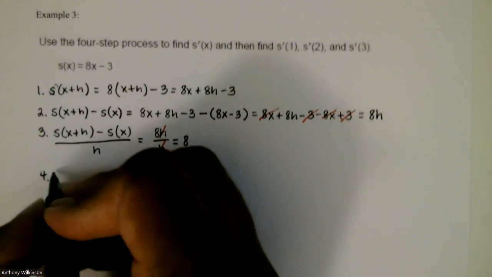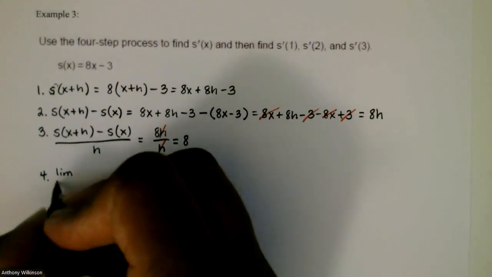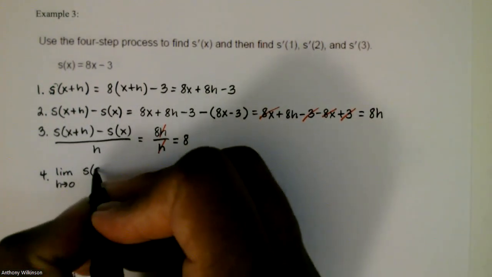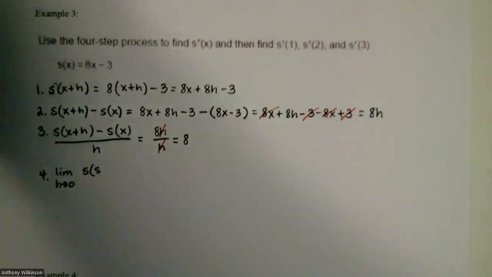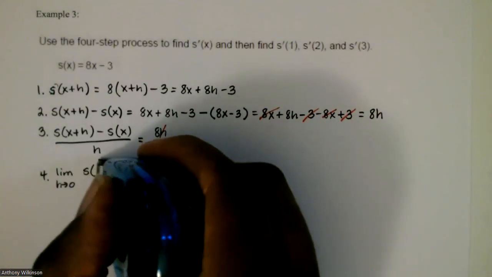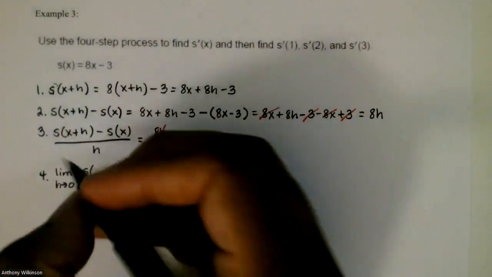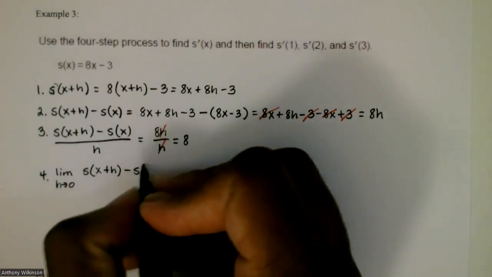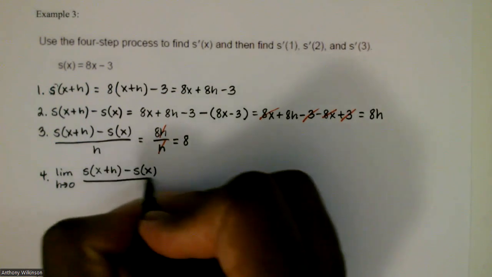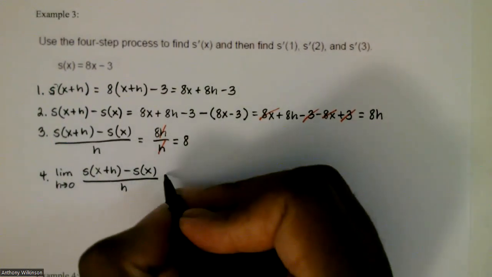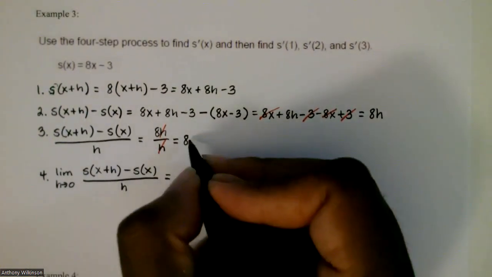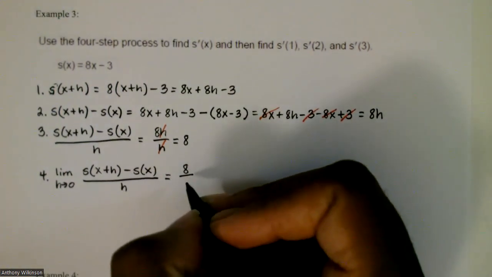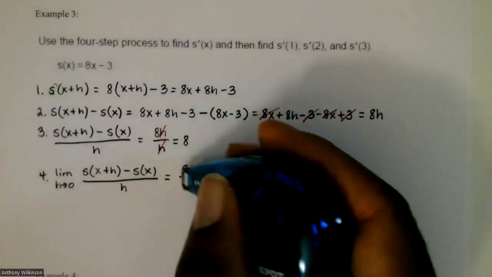And then step number 4 is to take the limit as h approaches 0 of s of x plus h minus s of x, divided by h. Well, that numerator came out to be this, the whole thing came out to be 8.